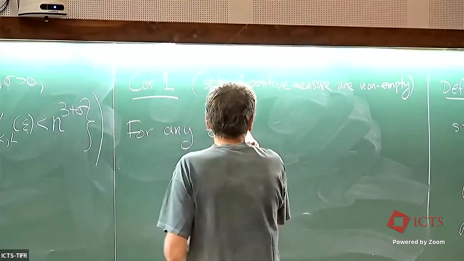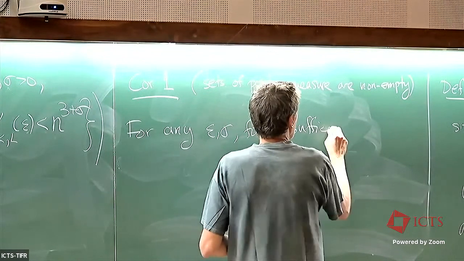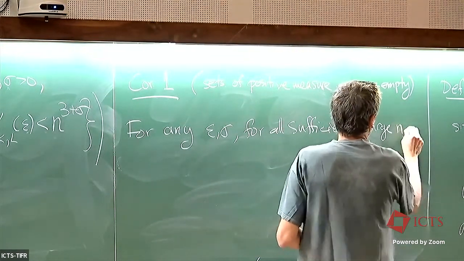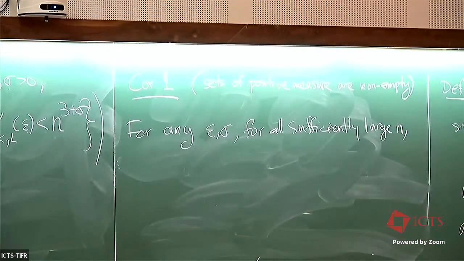So what you get from that is, if you fix epsilon and sigma, and you take n large enough, where large enough just means you take n large enough so that this number becomes positive. As soon as this number becomes positive, the set in here is not empty.